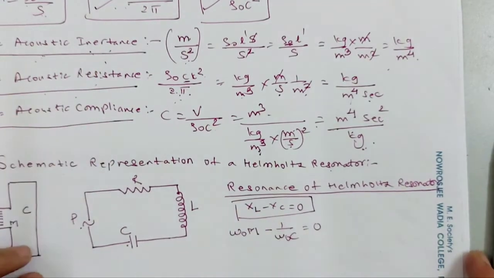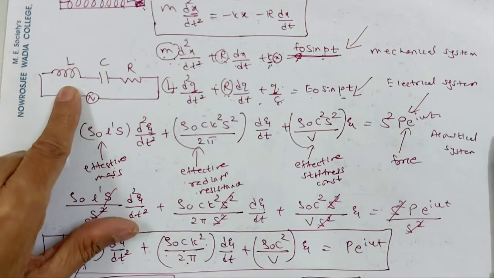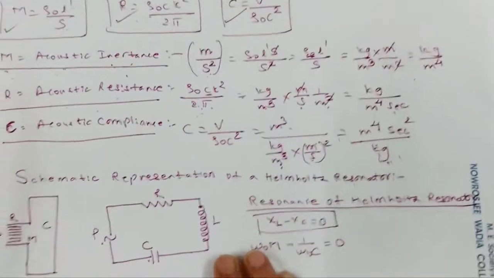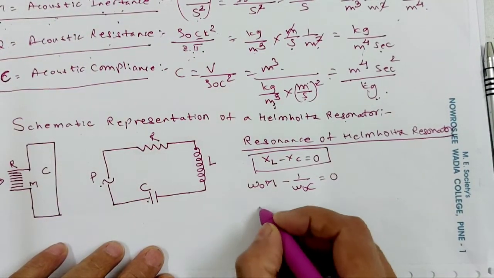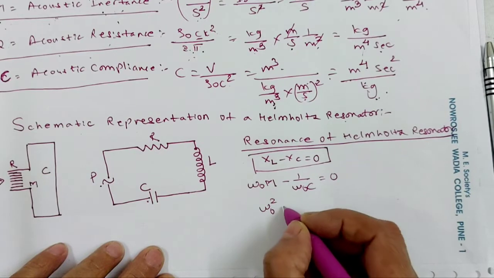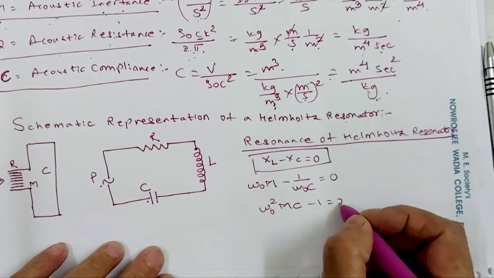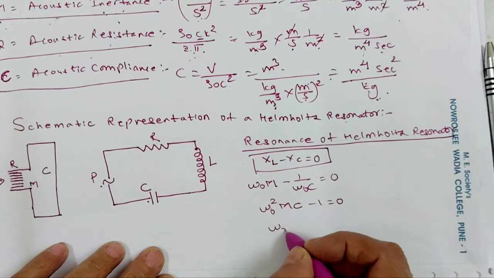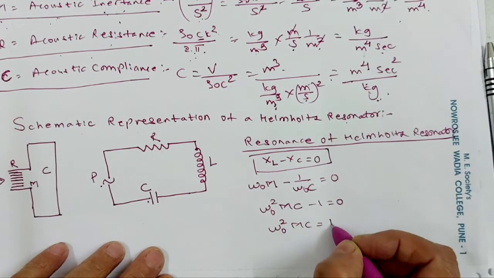Now we know all the derivations very clearly, how we reached those formulas. So if I multiply that, what will I get? Omega 0 square MC minus 1 is equal to 0. What does this mean? This means omega 0 square MC is equal to 1.